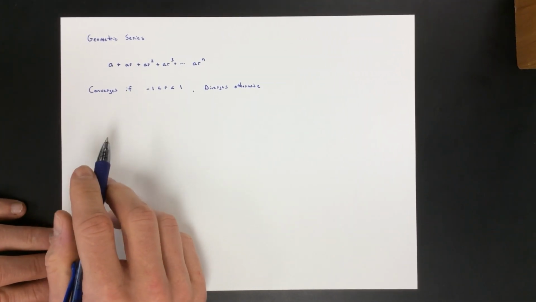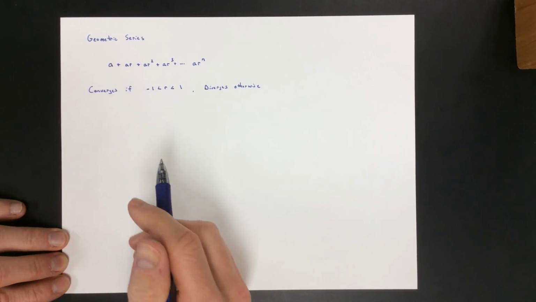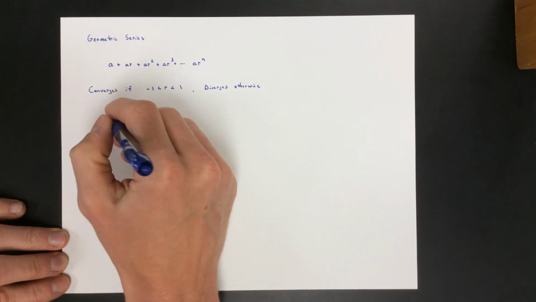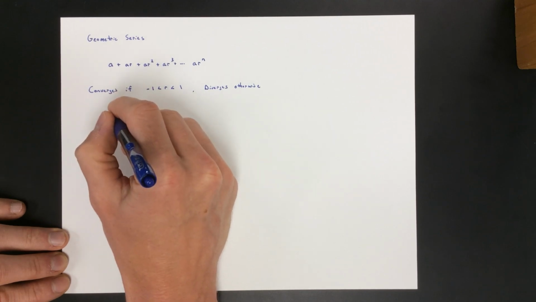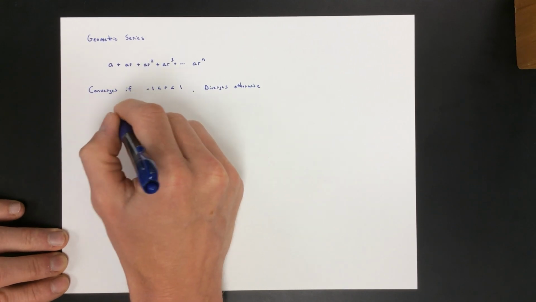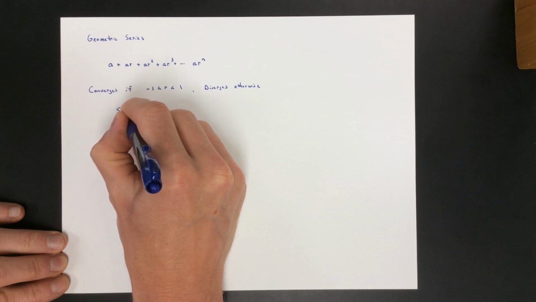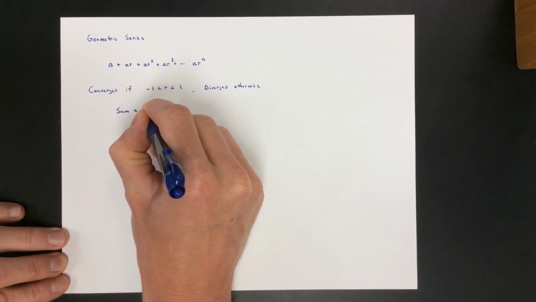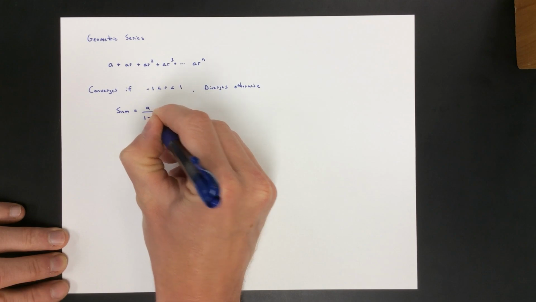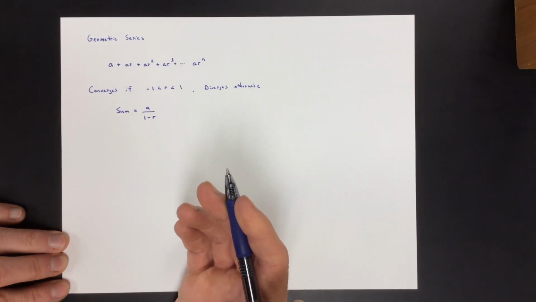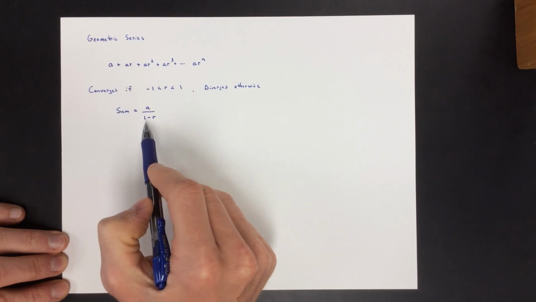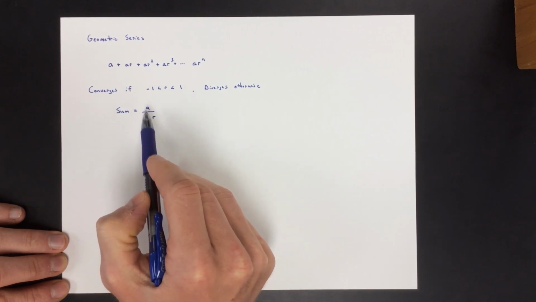So what happens if it does converge? What does it converge to? We can prove it later, but we can show that if it converges, so if R is between -1 and 1, the sum of a geometric series is A over 1 minus R. Again, this is only true if it converges.